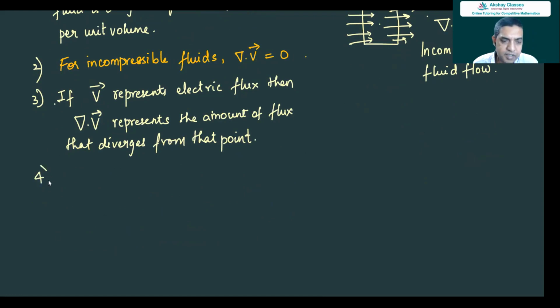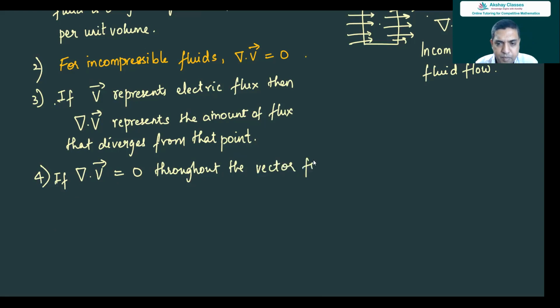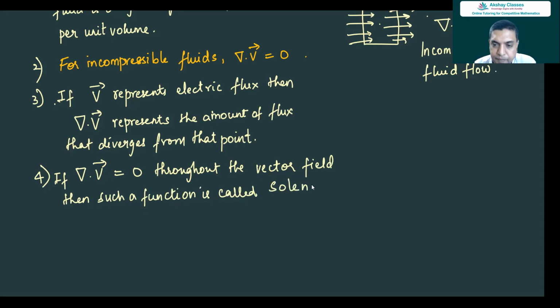Okay, now this can also be representing heat flux, and very important for this electric flux, if del dot V is equal to 0 everywhere, throughout the field, then such a function is called a solenoidal vector function.